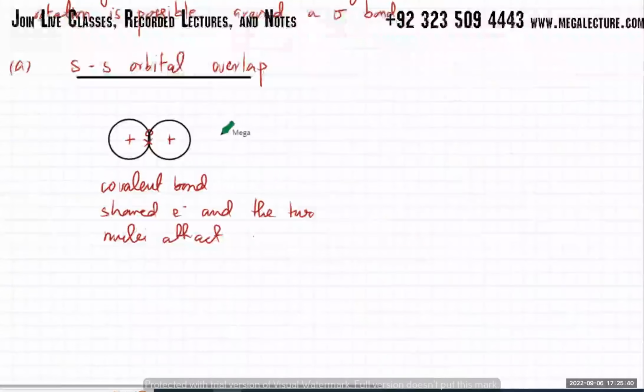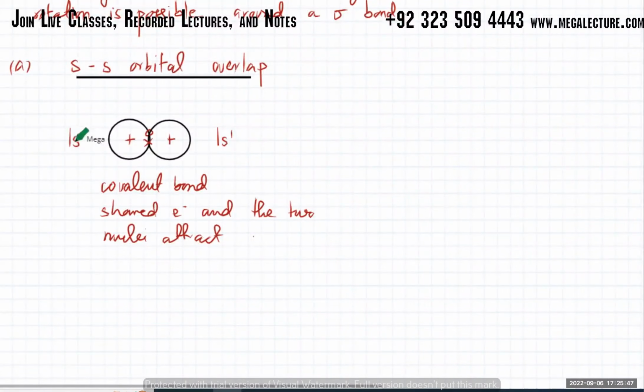Hydrogen has one electron, so it's a 1s1 orbital. The other hydrogen also has just one electron, so it's 1s1. That's the electronic configuration. So what does that mean? It means that there's only one electron around the hydrogen atom, and that one electron is existing in a spherical region around the nucleus.